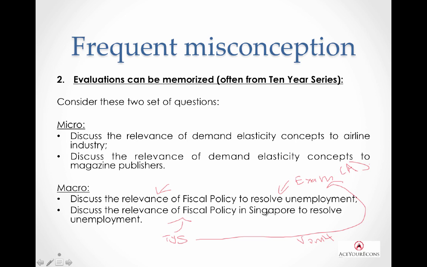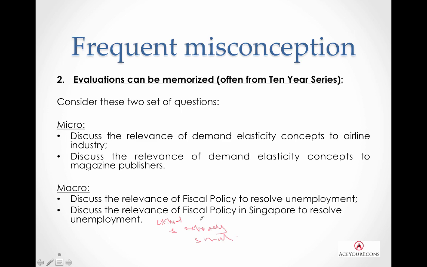So if you memorize a Singapore question and a loose question comes out, you stand to gain because you can use whatever is in Singapore to answer it. But if you memorize the first question and you are supposed to answer a Singapore-based question, you will be in trouble because you do not have examples in Singapore. So there is a very small likelihood that you may memorize the correct question, but the likelihood is extremely small.